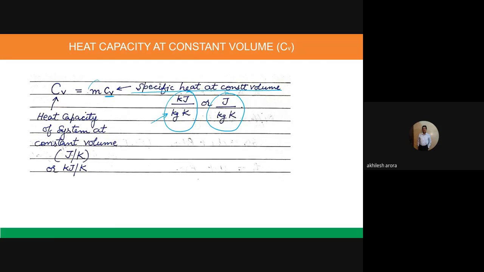When we multiply by mass and CV, this becomes capital CV, and it is known as the heat capacity of the system at constant volume, and the unit will be joule per Kelvin or kilojoule per Kelvin, depending upon the unit of the specific heat at constant volume. Quite simple, not very difficult. So capital CV is equal to m into small cv. This is small and this is capital, that is the difference basically. So this becomes extensive and this becomes intensive.